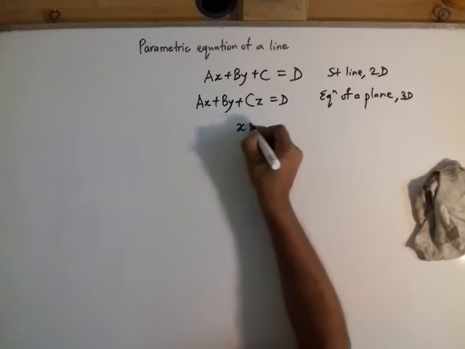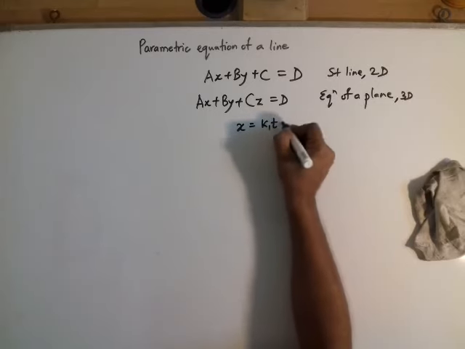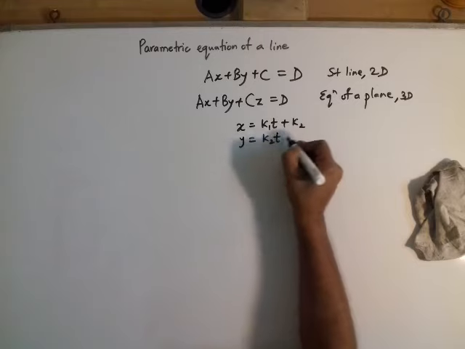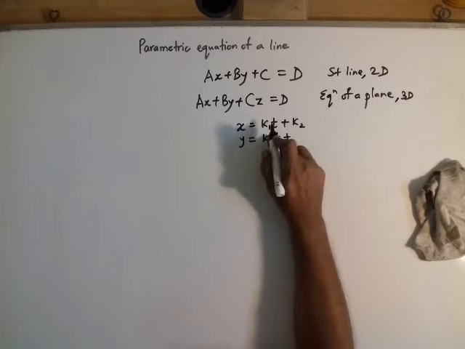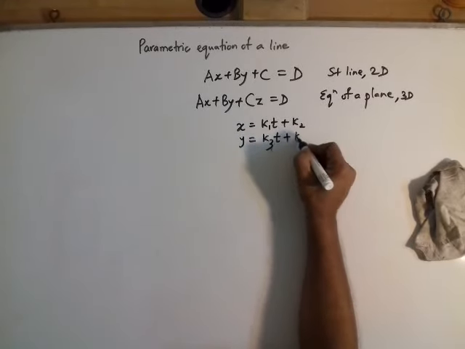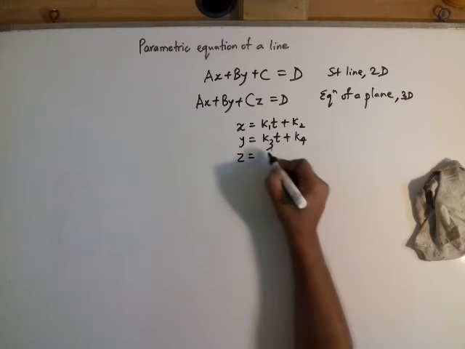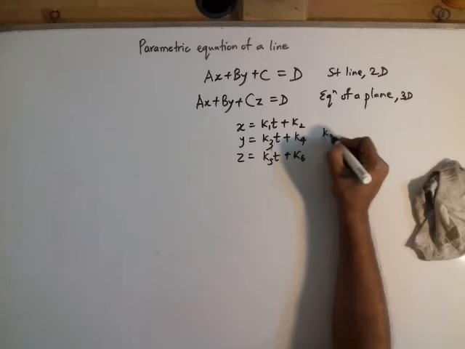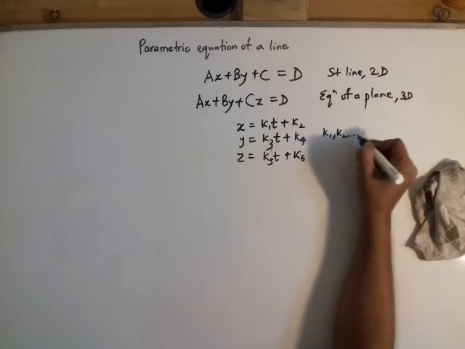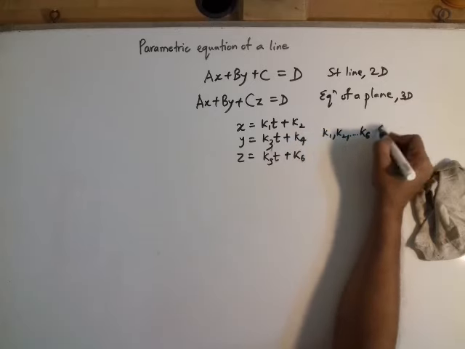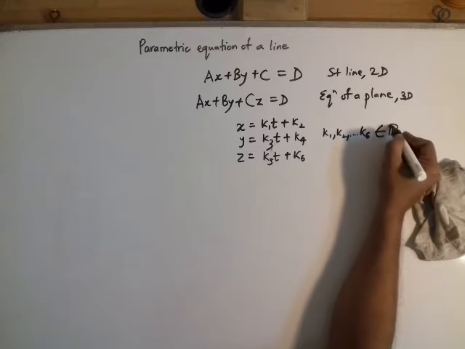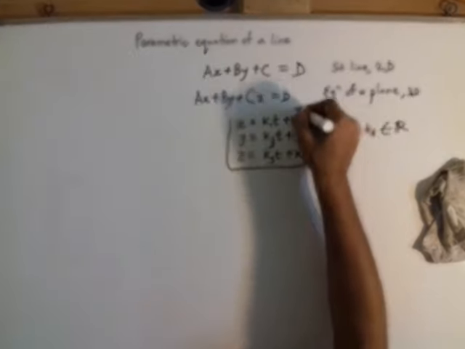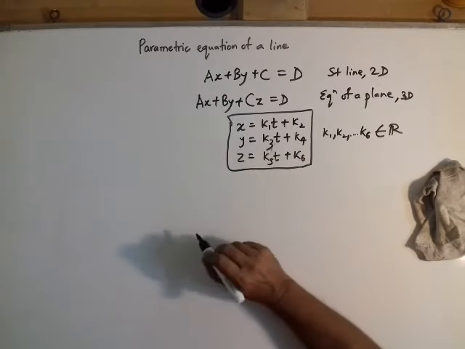So x is equal to k1t plus k2, y is equal to k3t plus k4, z is equal to k5t plus k6, where k1, k2 up to k6 are elements of the set of real numbers. This is the way I know to represent a straight line in 3D.